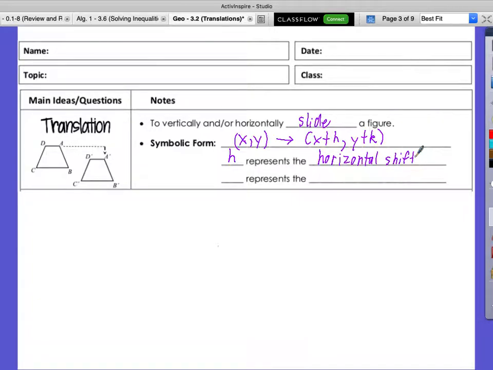We're adding or taking away to move it left to right that much. If we add 3, you're moving it right 3. If we subtract 3, we're moving it left 3, okay? So if H is a horizontal movement, what do we think K represents? The vertical movement.